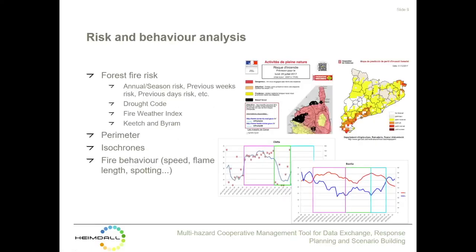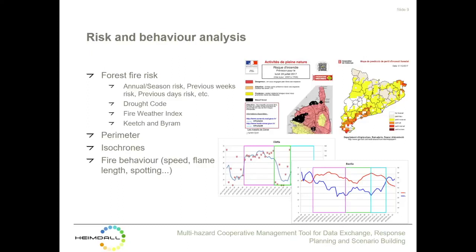The analysis of the risk and behavior depends on the type of the hazard. The data and the variables that bring information change, of course, from one hazard to another. So it's not the same, the data that we need to analyze forest fires, as the kind of data that we need to analyze floods or landslides.